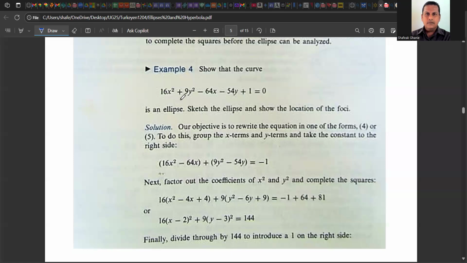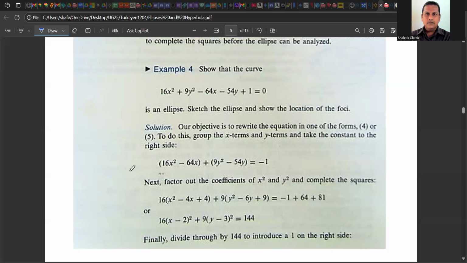So right away you suspect this is an ellipse, right? But you want to get more details because to sketch it, you need to know what the vertices are, the co-vertices, and I think they want the foci as well, the two of them. So what are we going to do? We're going to take this equation and complete the square for the terms that have x in it and the terms that have y in it, right?